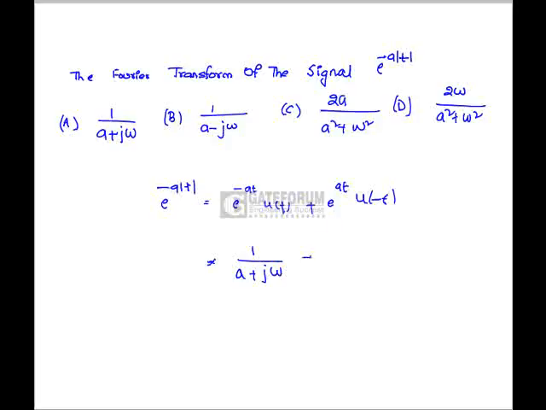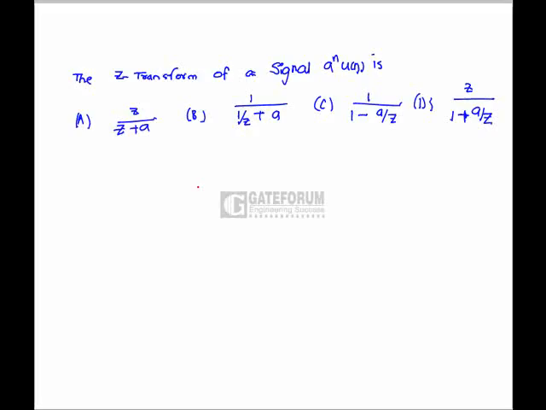For this one, it is going to be 1 by a minus j omega. So if we simplify this, we will get 2a by a square plus omega square. Hence option C is correct.